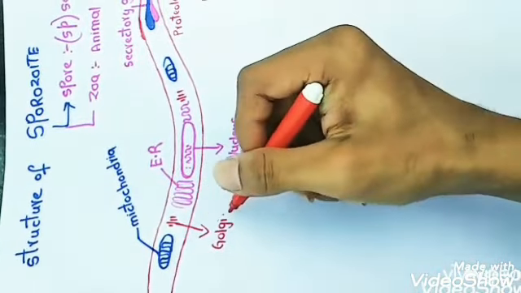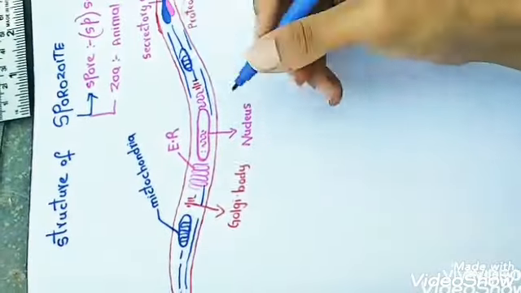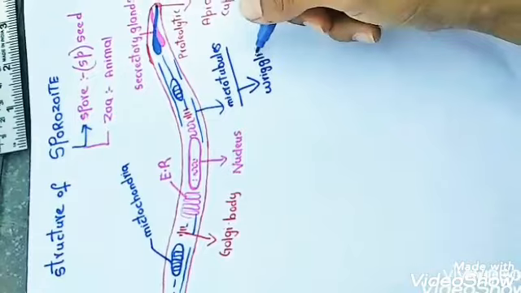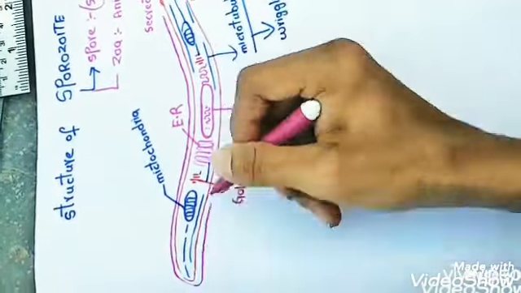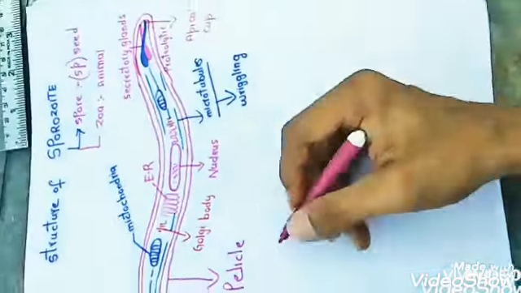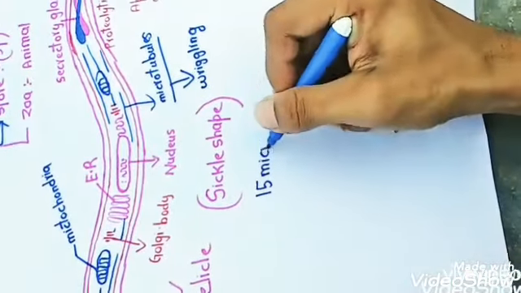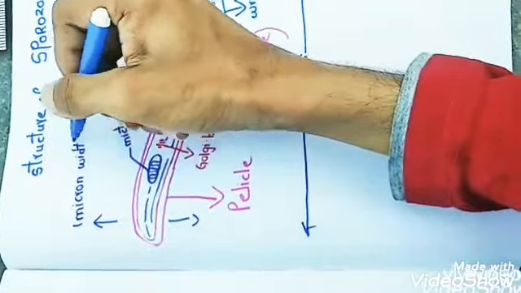It also contains a Golgi complex. In the longitudinal section of the body, it contains elongated microtubules, which help in the wriggling movement of the sporozoite. The entire sporozoite is covered by a proteinaceous pellicle, which gives it protection. It is sickle shaped, measuring about 15 microns in length and 1 micron in diameter.